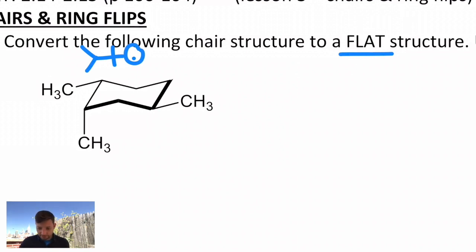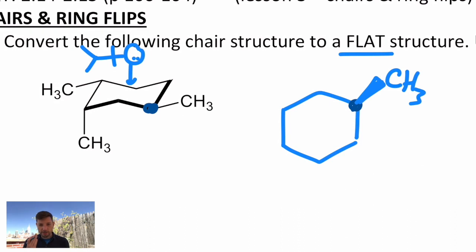It might be hard to tell at first, but look at what else is on that carbon. There's a hydrogen, and it's currently down and axial because the methyl is slightly above the ring and equatorial. So that methyl I'm going to draw with a bold line. It is more toward me than away from me.